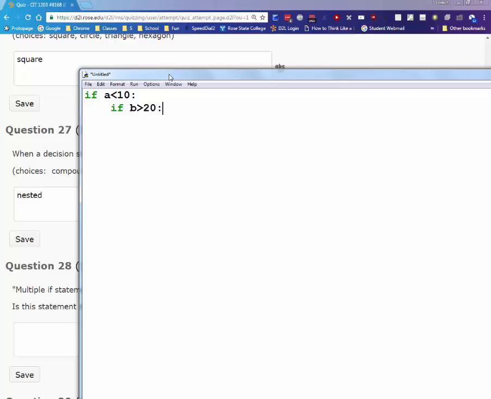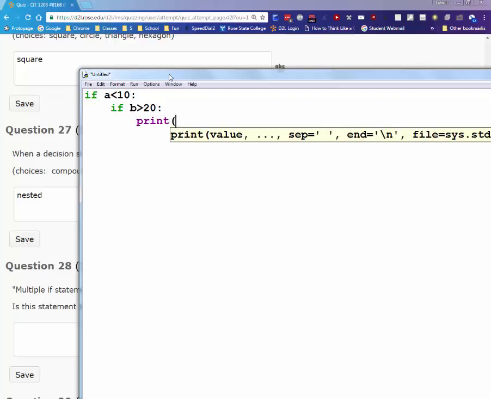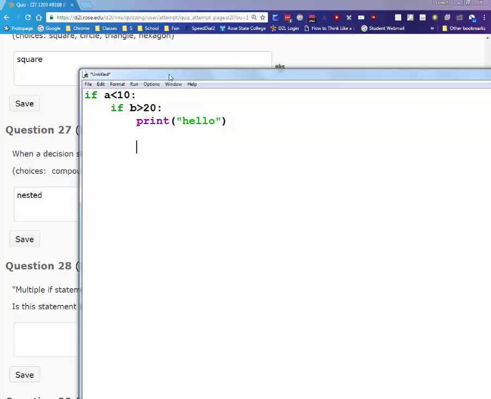If b is greater than 20, colon. Then you do something inside there. Occasionally when you have syntax like that, you could replace that with an and. If the logic is simple like that, then you could do this. If a is less than 10 and b is greater than 20, print hello.